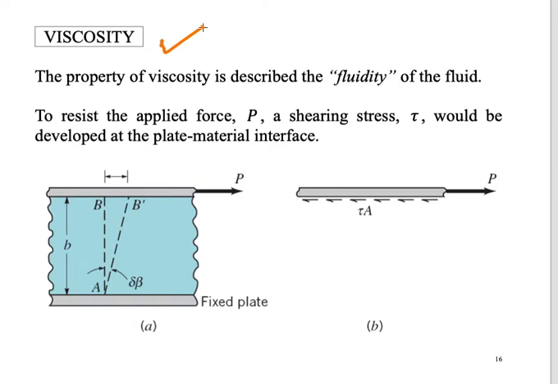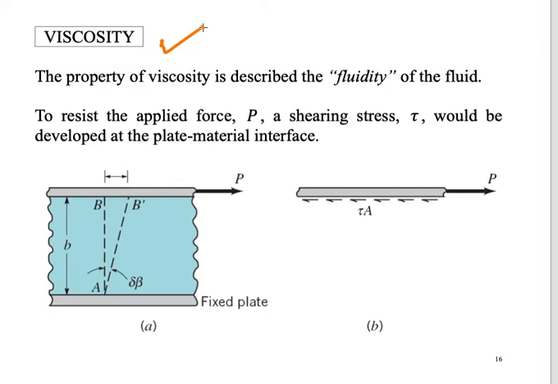The property of viscosity describes the fluidity of the fluid. If the viscosity is low, the fluid can flow easily. If the viscosity is higher, it has a lot of resistance to flow, so the fluidity becomes worse.